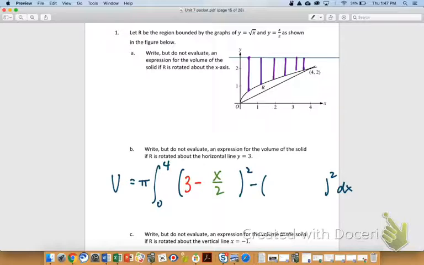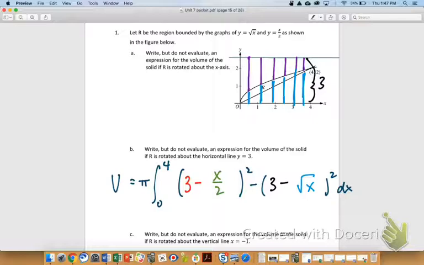So then similarly, if that's always 3 and I want purple, what would I do? 3 minus blue, which is root x. That's right. So I'm going to go 3 minus root x. And this actually sets up kind of a nice system for you that'll always work.